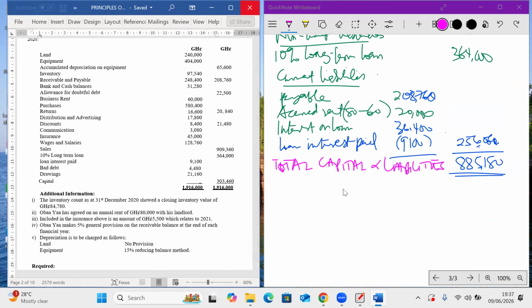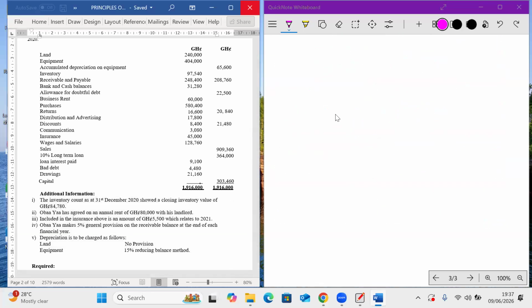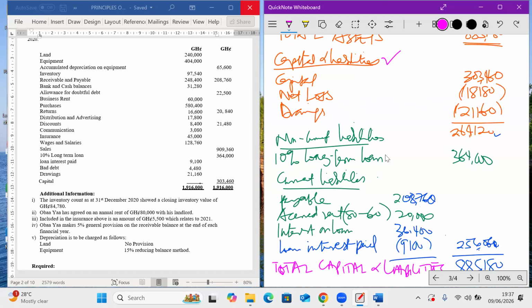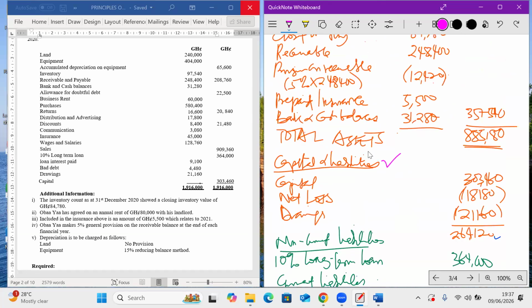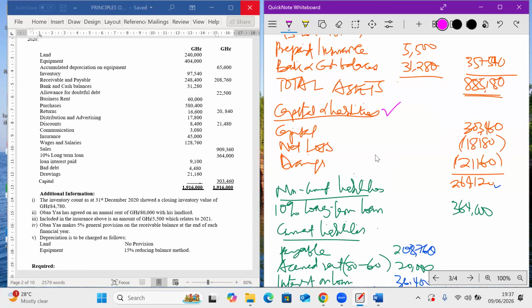Inventory, were they treated twice? Yes. Oh wow, it's missing. Okay, I found it. Inventory, were they treated twice?